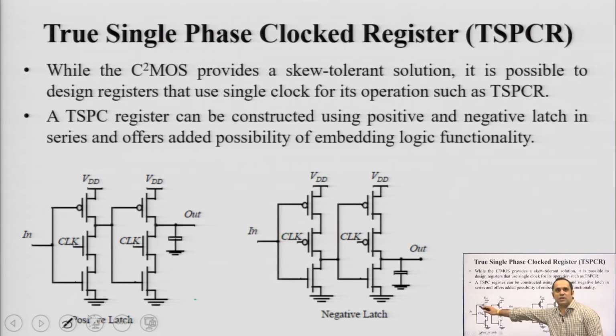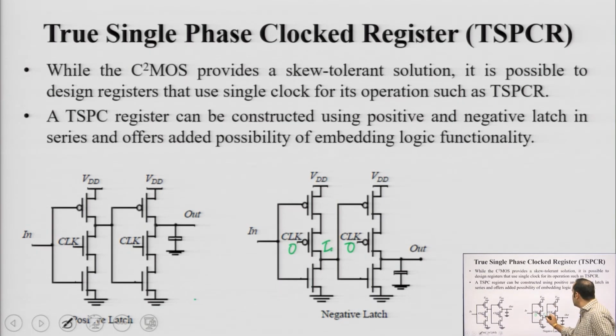The circuit shown on the left side on your screen is a positive latch, the circuit on the right is a negative latch. Okay. So, in negative latch, when clock is 0, this PMOS is on. Okay. If it is 0, you will get 1 here, if it is 1, you will get a 0 here.